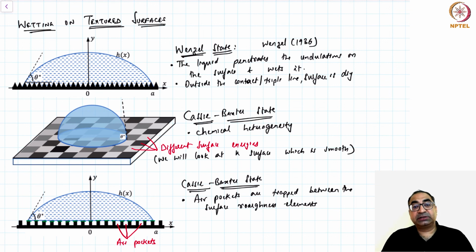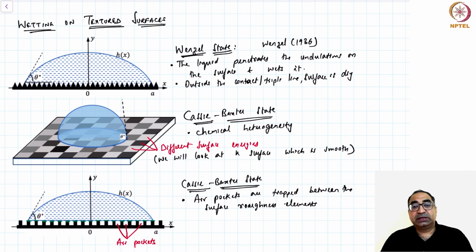I started the discussion by mentioning the word biomimicry. So engineers are able to look at surfaces in the natural setting, for example, the feathers of birds or the wings of insects or the leaves of plants, and they're able to make surfaces with similar properties.